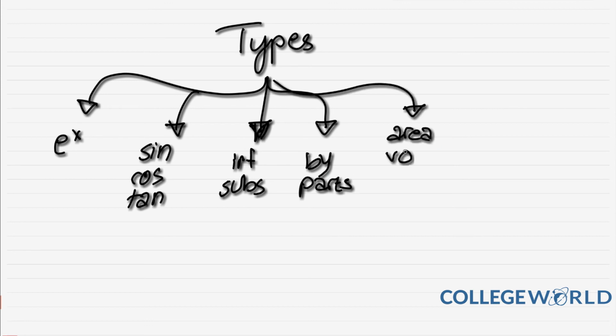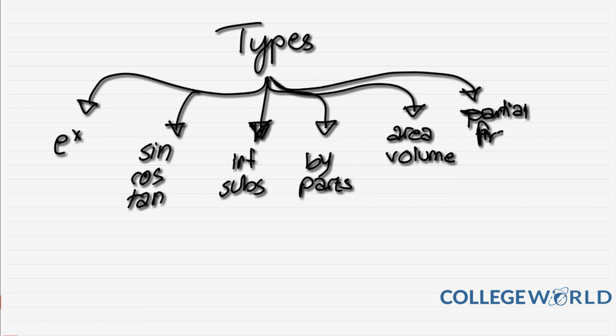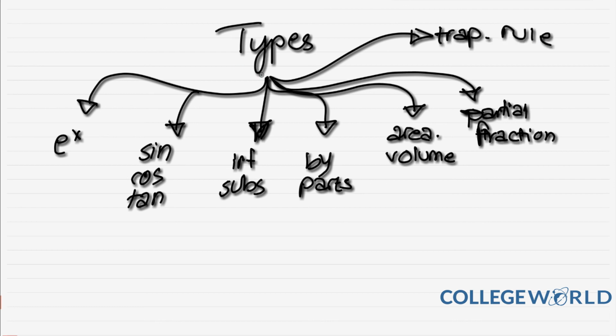We're going to use our very first chapter, partial fractions, and integration. We're going to know something called the trapezium rule, which is also used in order to find the area or the volume. So actually the area, the trapezium rule, and we're going to even solve differentials using integration.